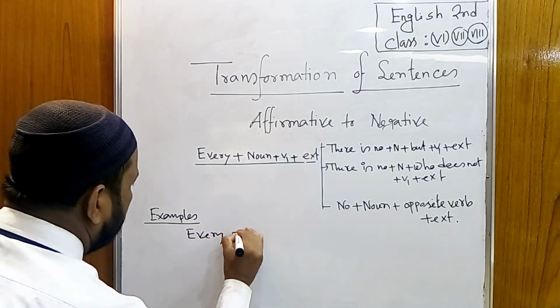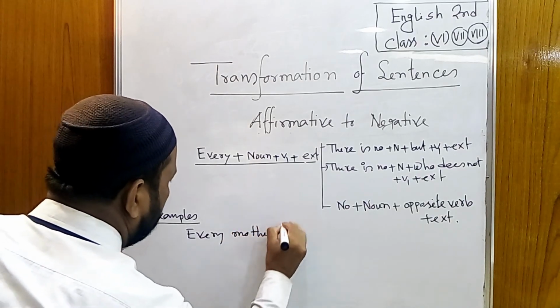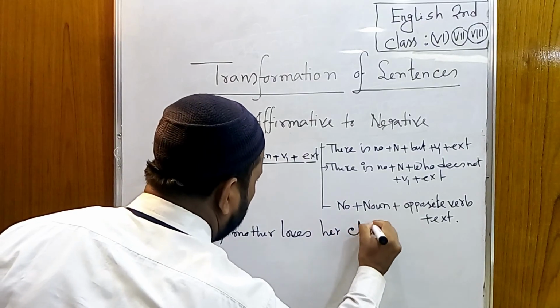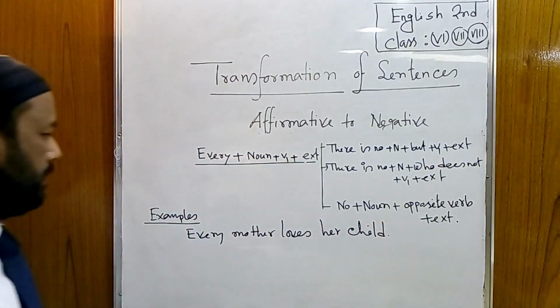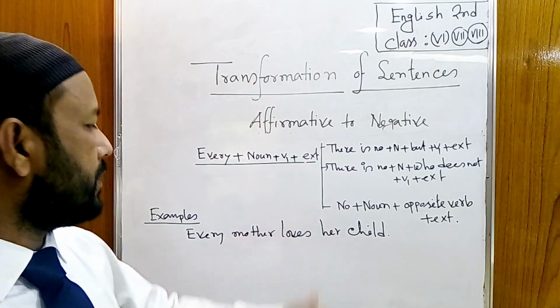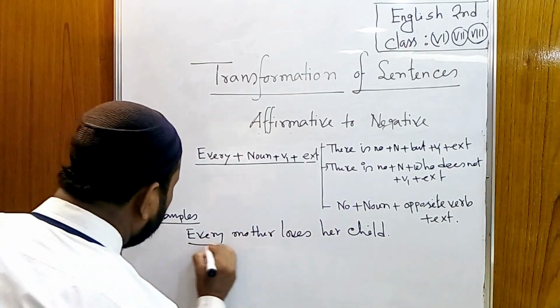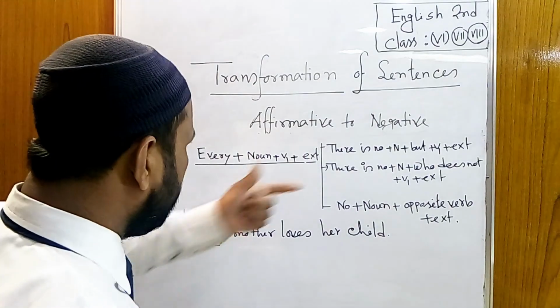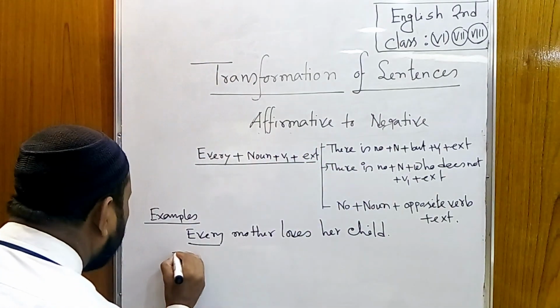Every mother loves her child. Okay, my dear students, it's a familiar sentence. Every mother loves her child. Here we can see the sentence starts with every. Okay, how do we convert it into negative? Just look here.